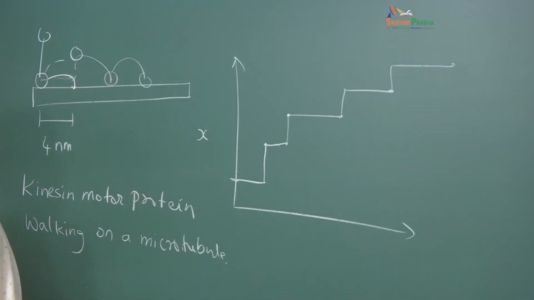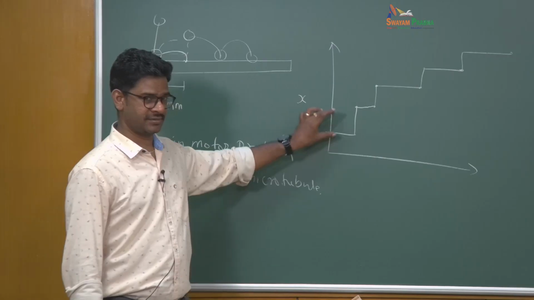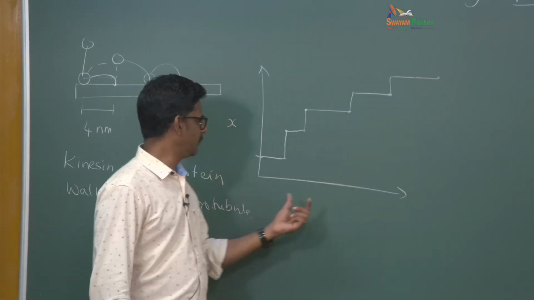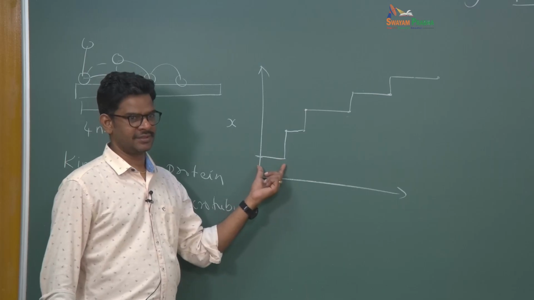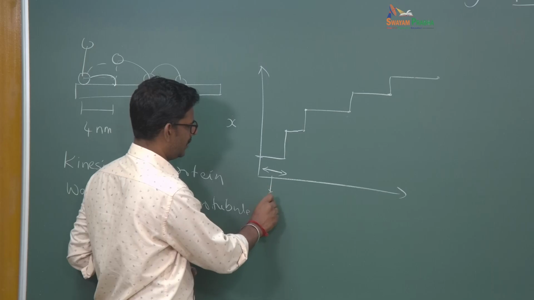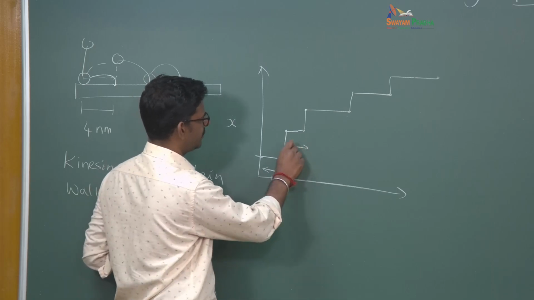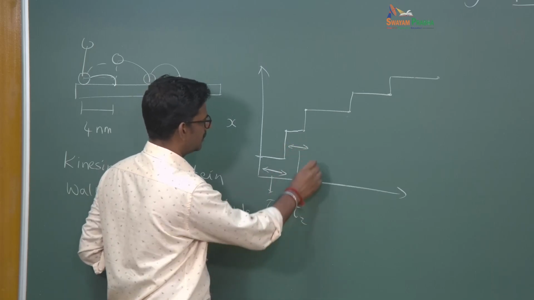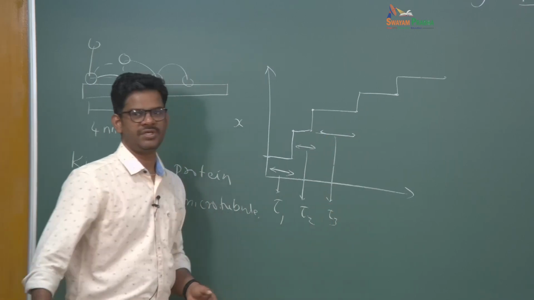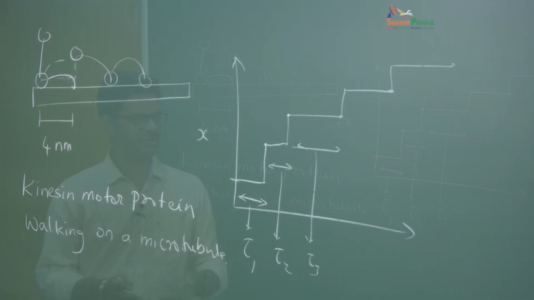What is deterministic in this problem is the step height, which is pretty much constant, 4 nanometers. But if you look at the time spent in those states, I call this tau 1 and this time tau 2 and this tau 3, and this seems to be quite distributed, it's not constant anymore.